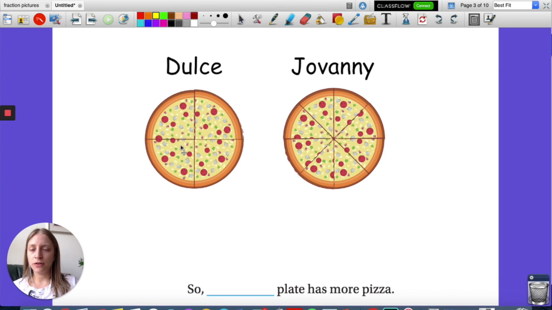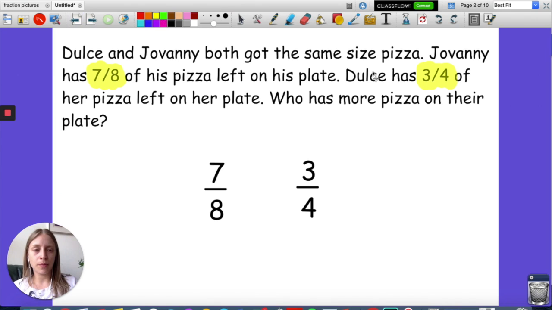I knew that Dulce cut her pizza into 4 equal pieces because when I look at the word problem, it says Dulce has 3/4 of her pizza left on her plate. The denominator tells me that she cut her pizza into 4 equal pieces.